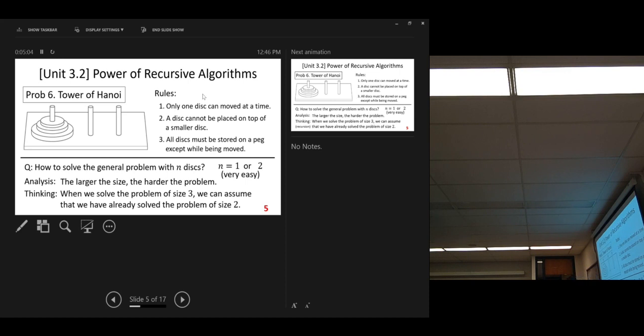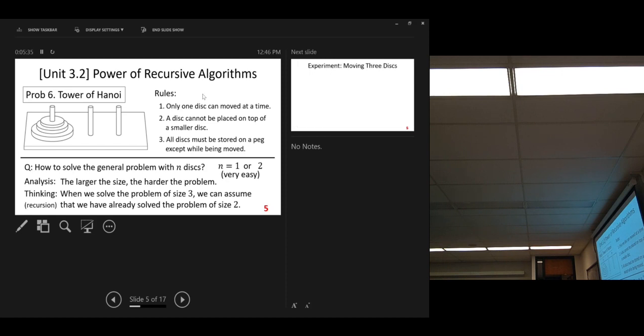If you can assume the problem of smaller size, just one disk smaller, then from there the problem looks much easier. That's the recursion. That gives us the recursion idea.